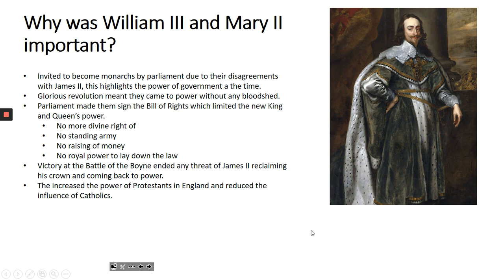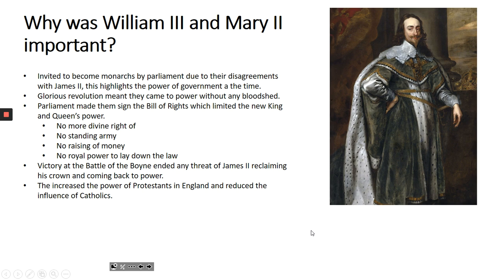So why was William III and Mary II important? Why were the two of those monarchs so important? So obviously, they're invited to become monarchs by Parliament due to their disagreements with James II, and that highlighted the power of the government at the time. The Glorious Revolution meant they came to power without any bloodshed, which is also important.